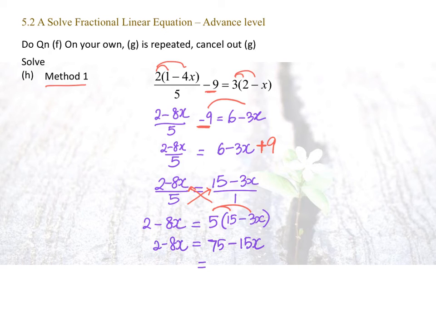So in this case, I'll keep negative 8x on the left hand side so that I can get a positive number. Negative 15x migrates over and it becomes positive 15x. 75 stays and 2 migrates over to become negative 2. So now simplifying, we will be able to solve the question.